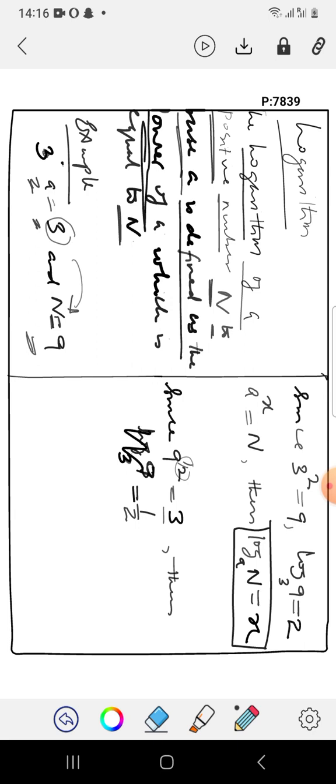Oh, sorry, that's a mistake on my part. I'm so sorry about that. It's actually log of 3 to the base of 9. Obviously 9 is the base now. So what will you power 9 with to give you 3? That will have to be half. It means that you are taking the square root.